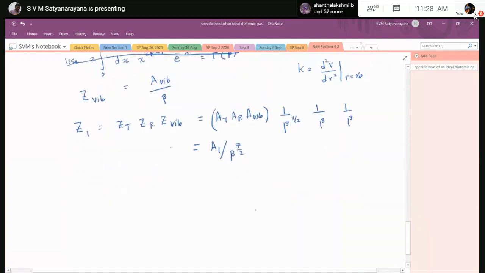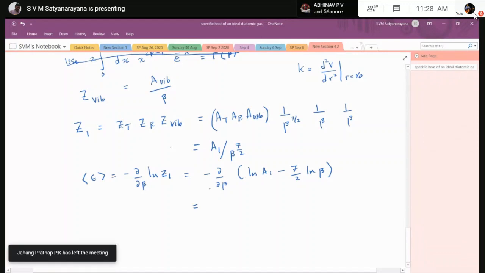Okay. So now you ask what is the average energy? Average energy of the system is minus del by del beta of logarithm Z, which is equal to minus del by del beta of logarithm of A1 minus 7 by 2 logarithm of beta. A1 does not contain beta, that is why I was not very worried about what A1 is.